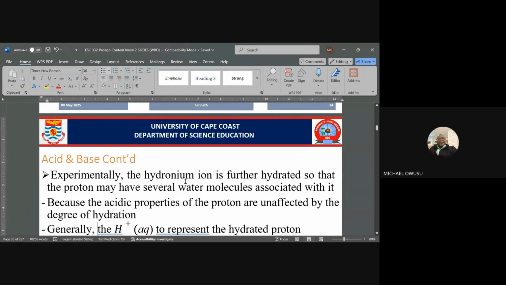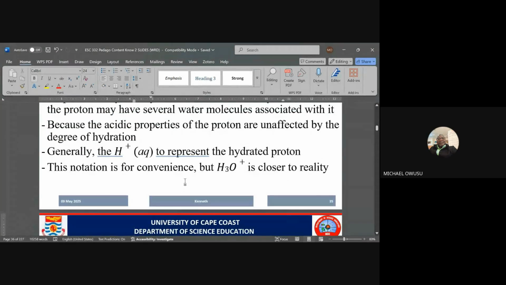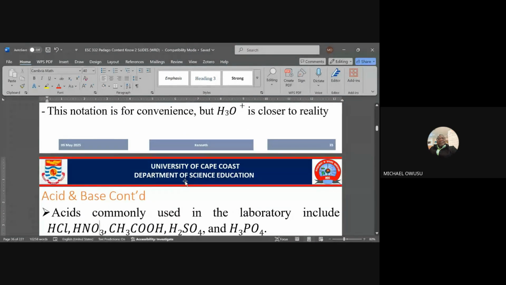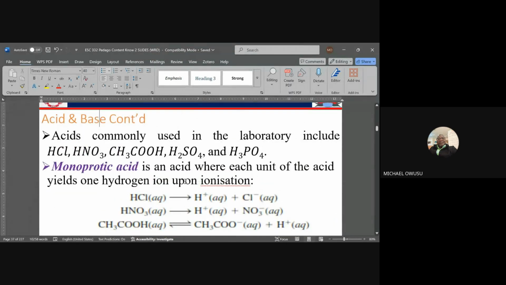Because the acid properties of the proton are unaffected by the degree of hydration. So generally, H plus aqueous is used to represent the hydrated proton. That's how they write it already, and it's denoted for convenience by H3O plus. And you know this thing, like you said, you did that in secondary school. So we are not going to waste time on this.